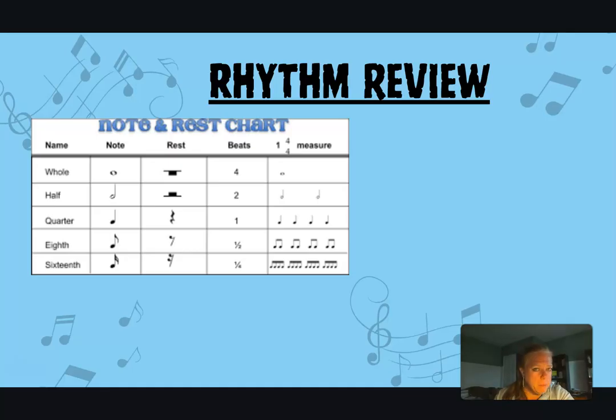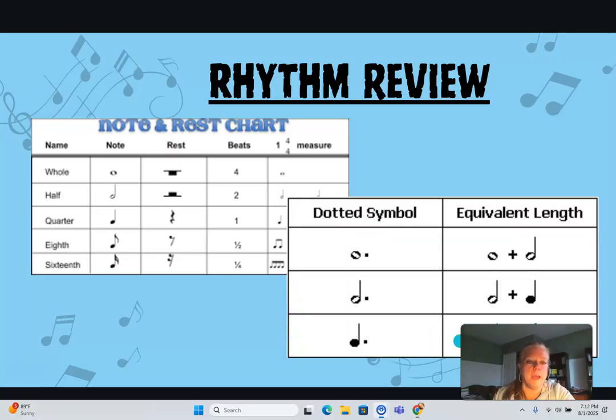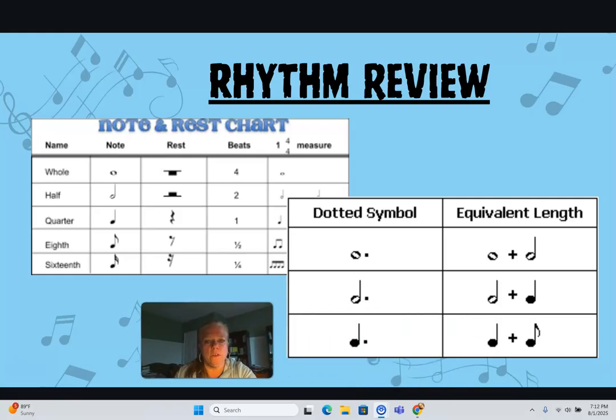Now remember, we can make notes longer by adding an augmentation dot. Augmentation dots follow the note, and so they come after it. When you have a dot, you are dividing the value or duration of that note in half and adding it back into the entirety of that note.